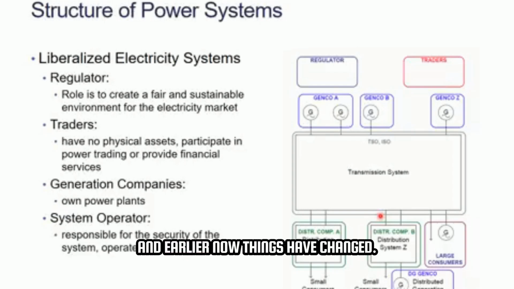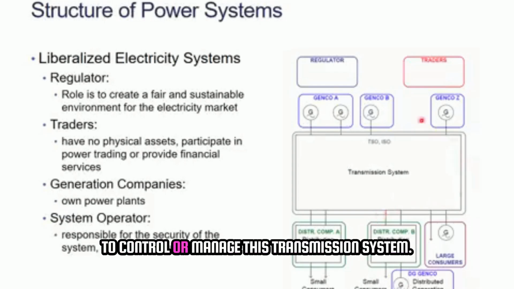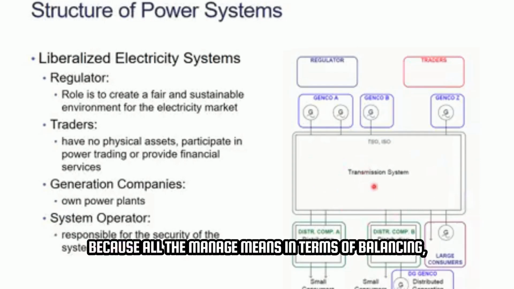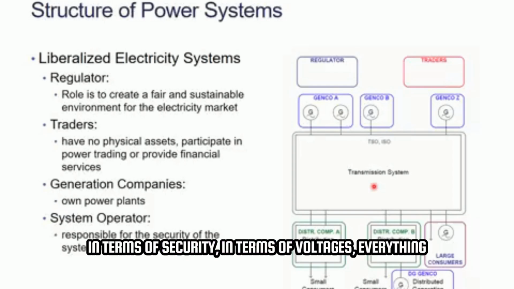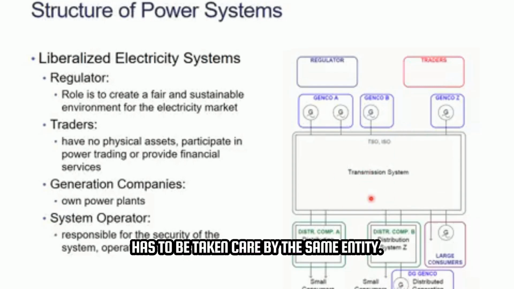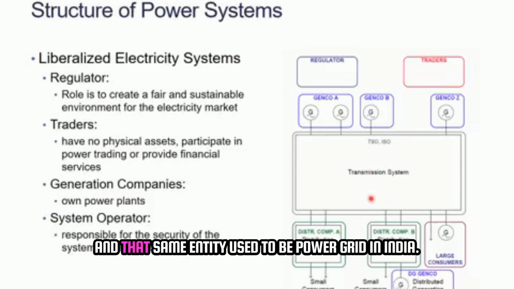Earlier, now things have changed, but earlier Power Grid Corporation of India used to control or manage this transmission system, because everything, in terms of balancing, in terms of security, in terms of voltages, has to be taken care of by the same entity, and that same entity used to be Power Grid in India.